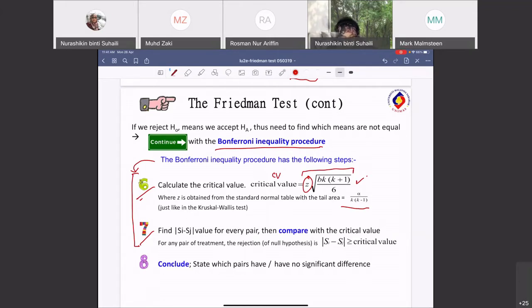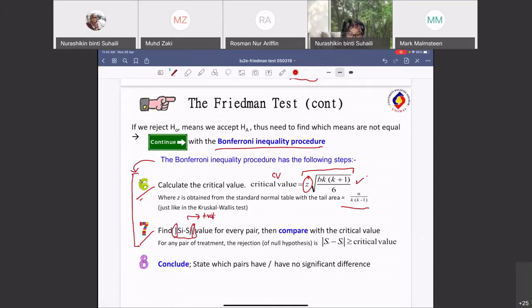So once you find the critical value, you have to compare the CV with the |Si minus Sj| value for every pair, the same thing you do for Kruskal's. So you have to match every treatment with another treatment, and that creates Si minus Sj. You have to take note of this symbol: the absolute value means that it should always be positive.